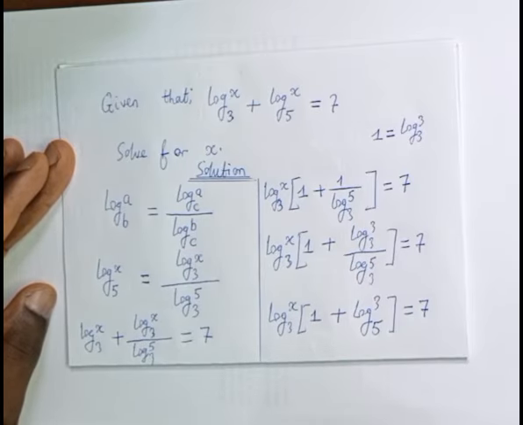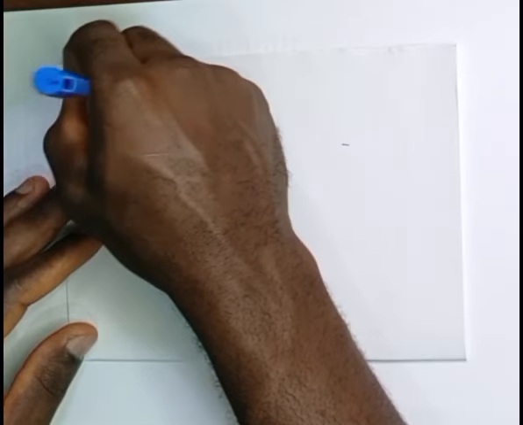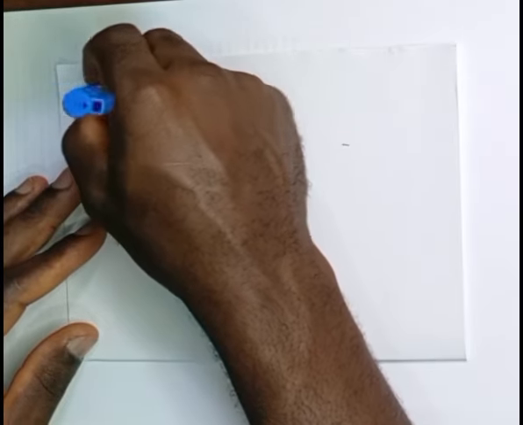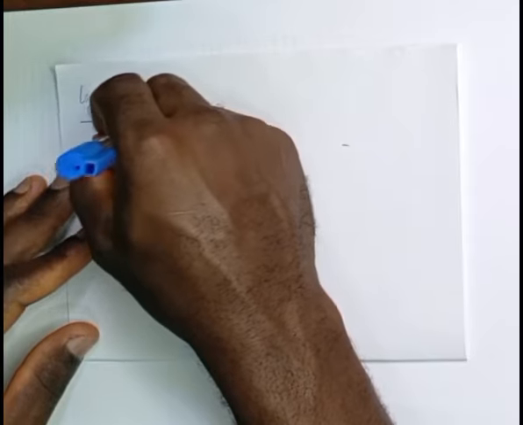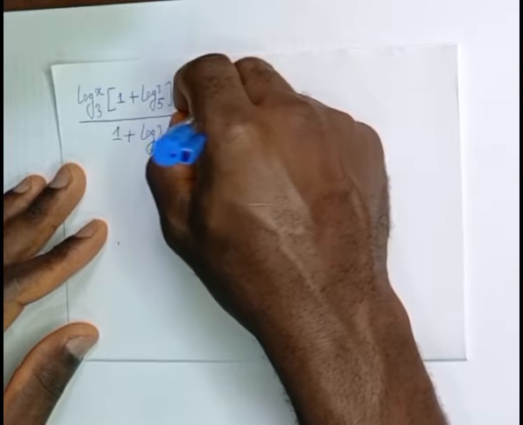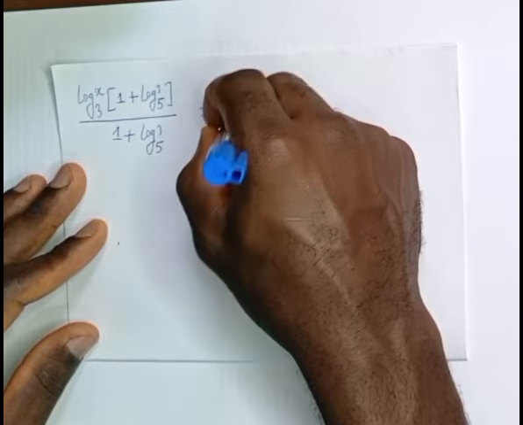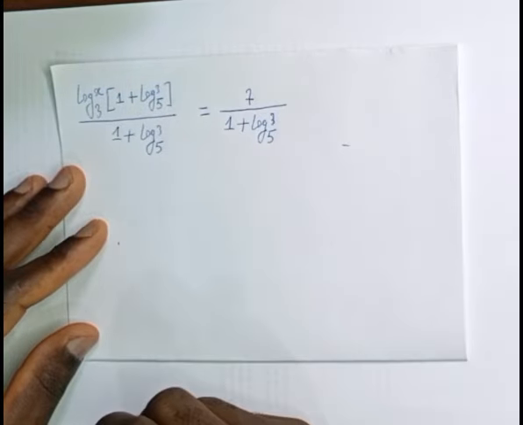Since we are looking for the value of x, we are going to divide all through by 1 plus log 3 base 5, which is a constant. This will simply give us the log of x base 3 times 1 plus the log of 3 base 5, divided by 1 plus the log of 3 base 5, equal to 7 all over 1 plus the log of 3 base 5.